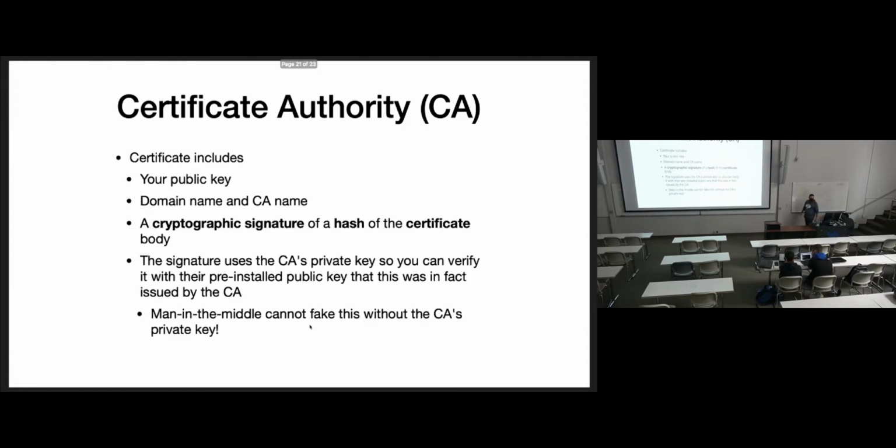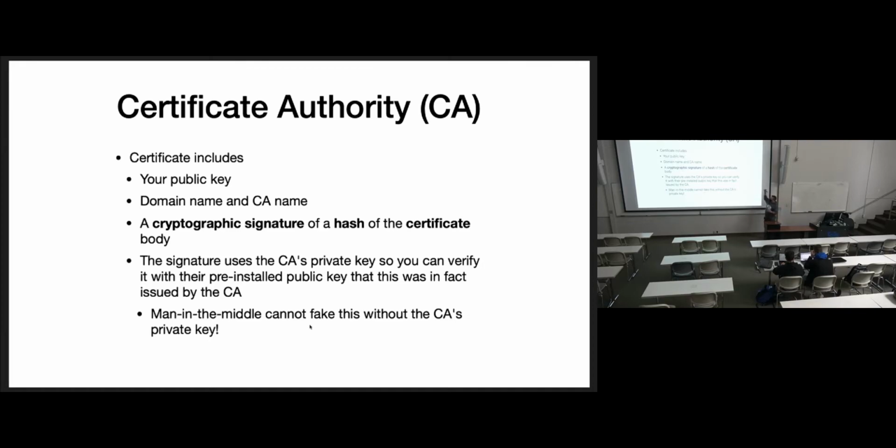We say, here's my certificate. It's signed by the CA using their private key, so everybody can verify the signature. And a hash of the entire cert is also stored, so they can verify that the certificate has not been tampered with.